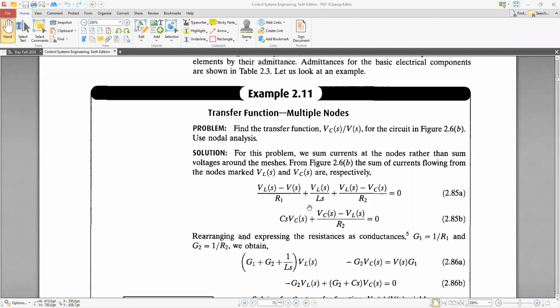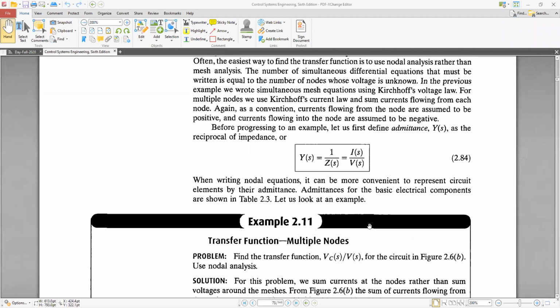Again, if you consider the capacitance node, Cs into VC, plus (VC minus VL) divided by R2 is equal to 0.